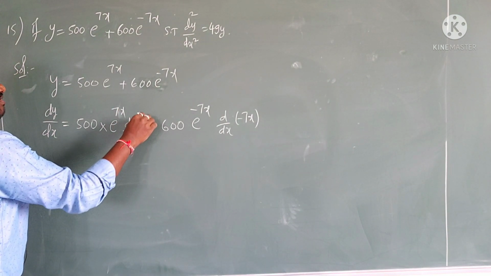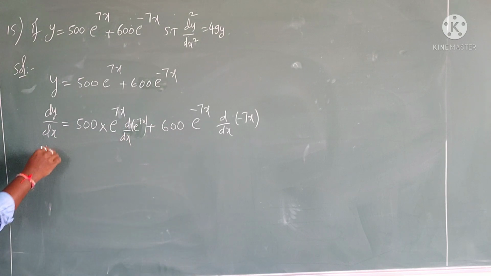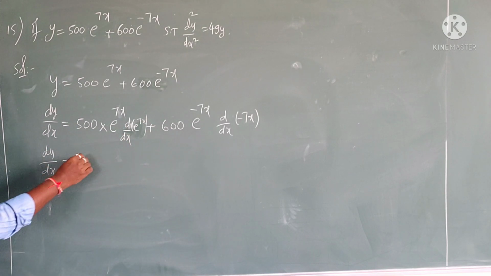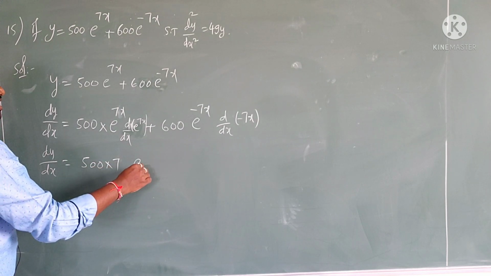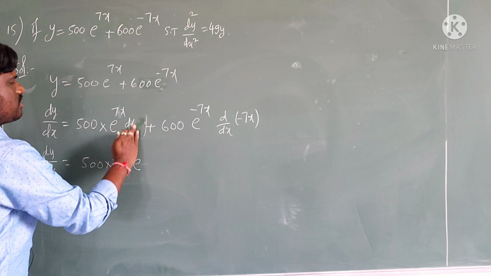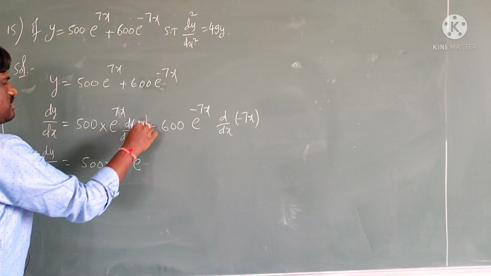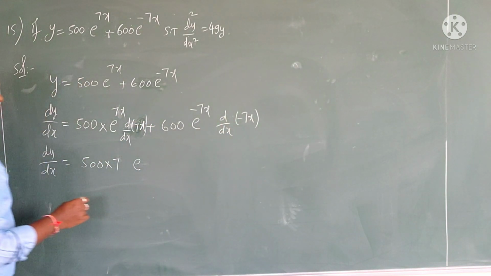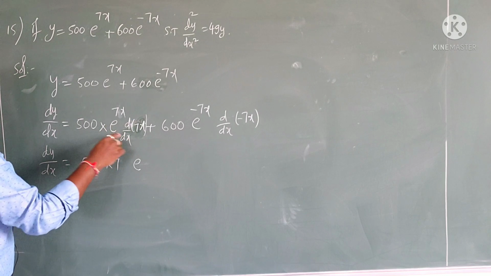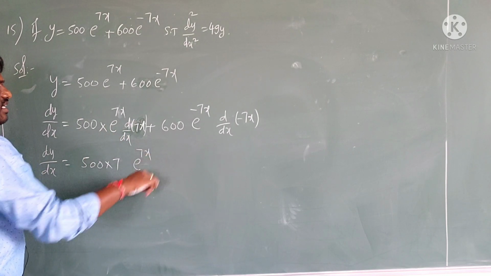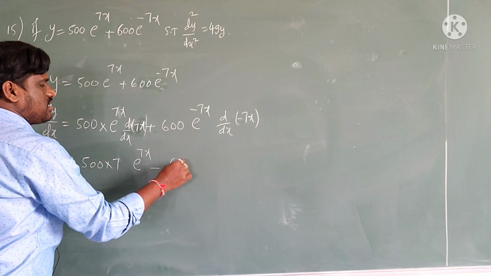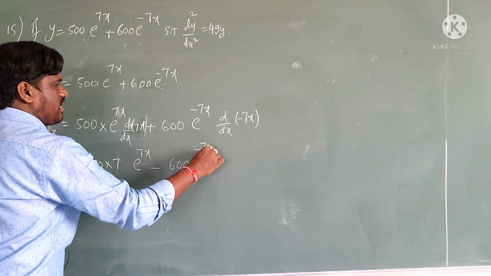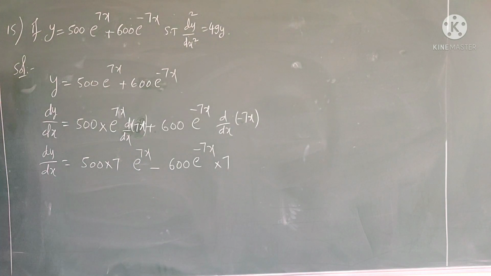So dy by dx is equal to 500 into 7 e to the power of 7x, minus 600 into e to the power of minus 7x into 7. This is dy by dx.